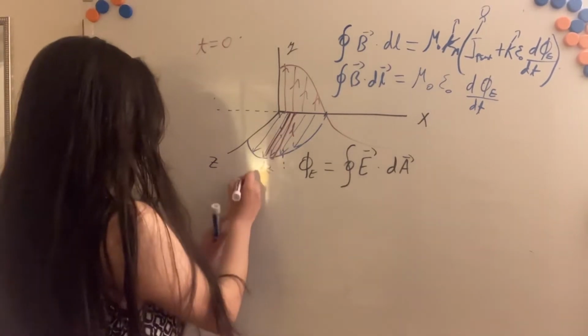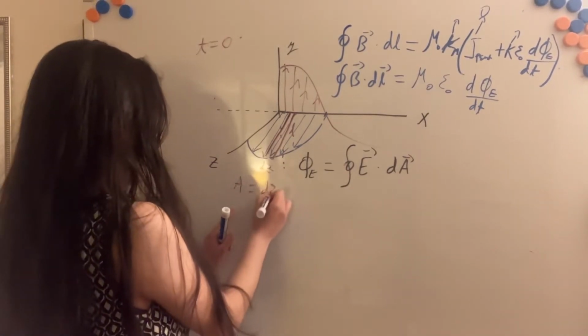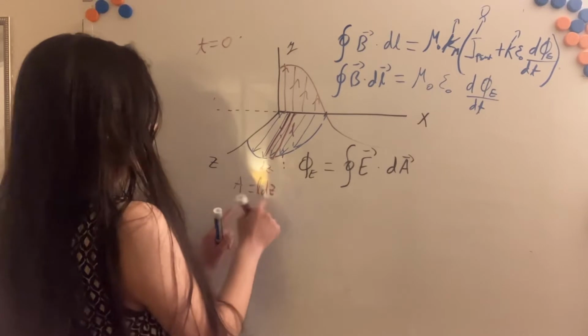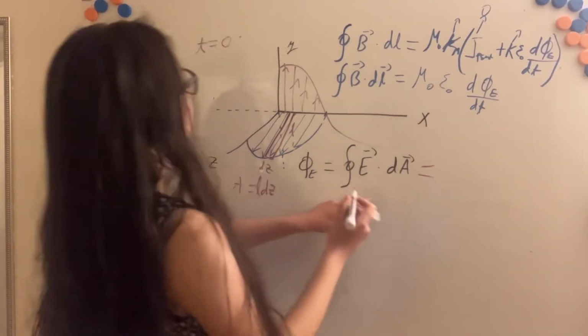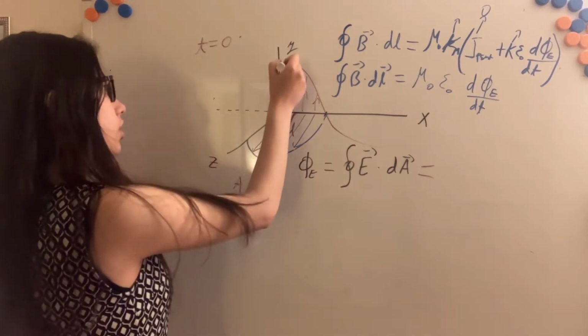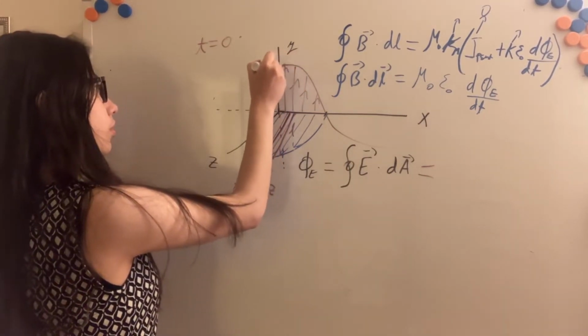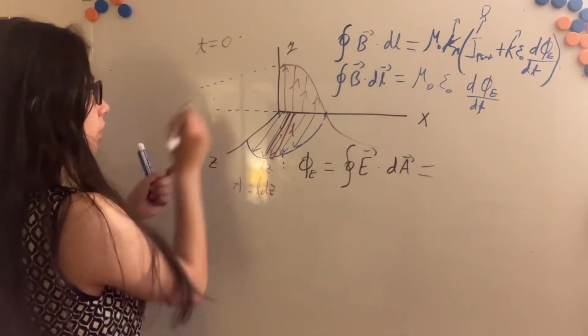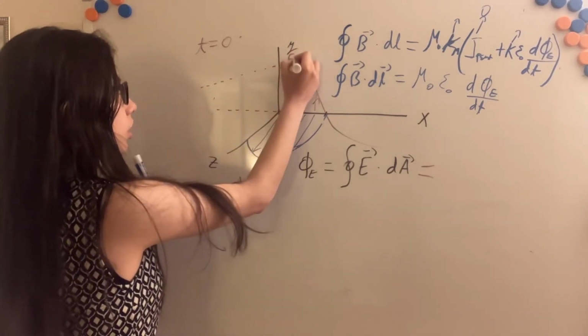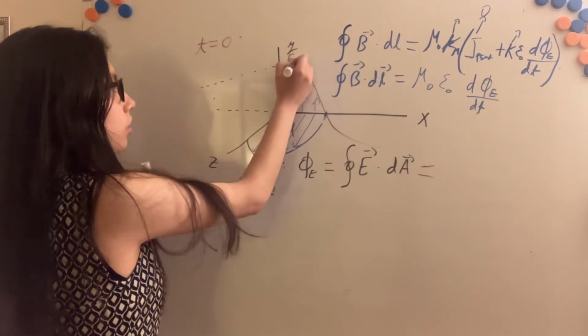So the area of our surface is L dz, and the electric field at this point, in all this part, we have the electric field equal to, let's say, E max or E sub 0.